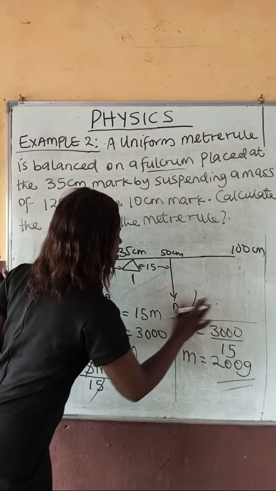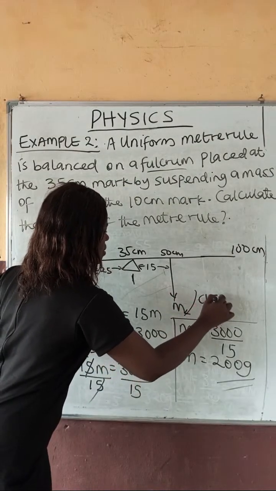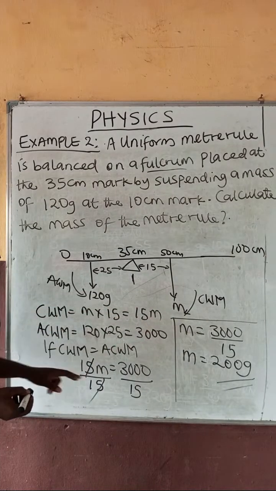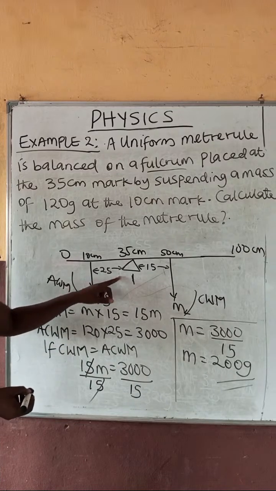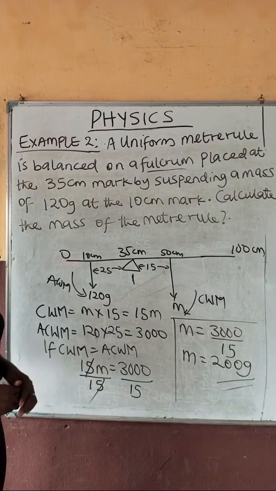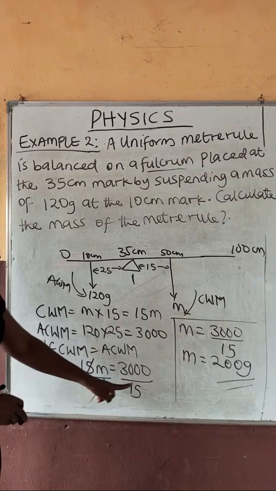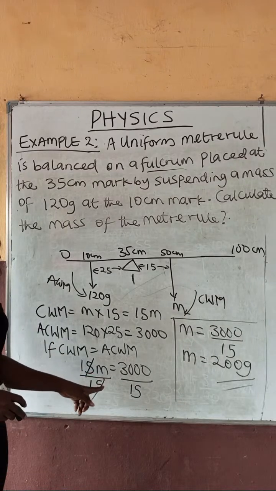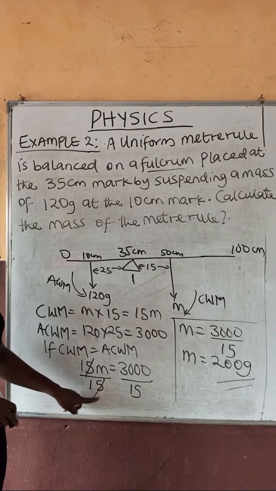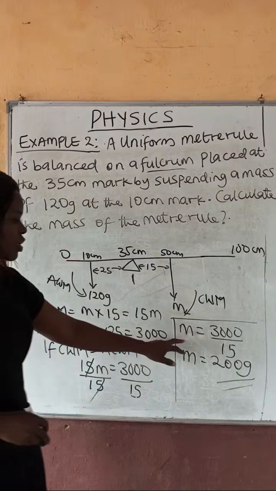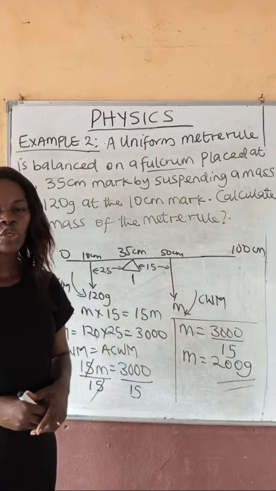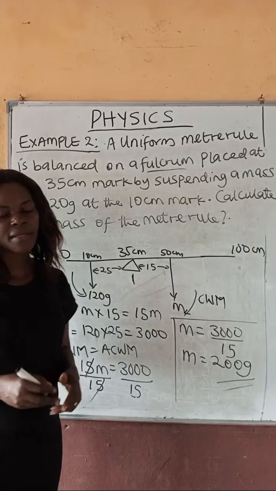Clockwise moment is m times 15, that is 15m, equal to 120 times 25, that is 3,000. Clockwise moment equals anticlockwise moment, so 15m equals 3,000, because I'm looking for the mass. Divide both sides by the coefficient of m, which is 15. So m is equal to 3,000 over 15. By the time you divide it, the answer becomes 200 grams.